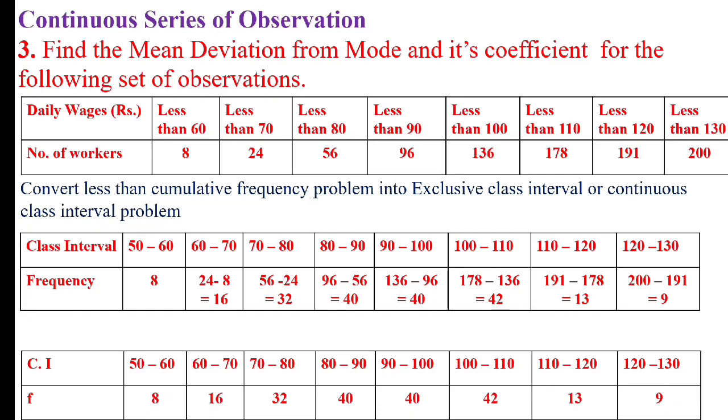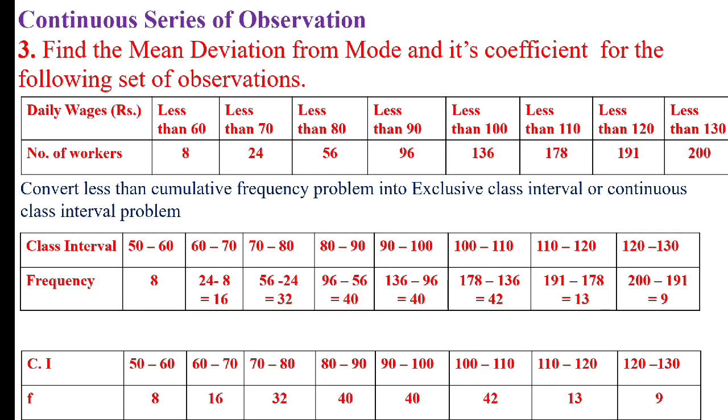Already explained, whichever type of class interval is given, we need to convert it to the exclusive class interval type. So the first frequency is as it is, then second value minus first value: 16 will come, 56 minus 24 is 32.